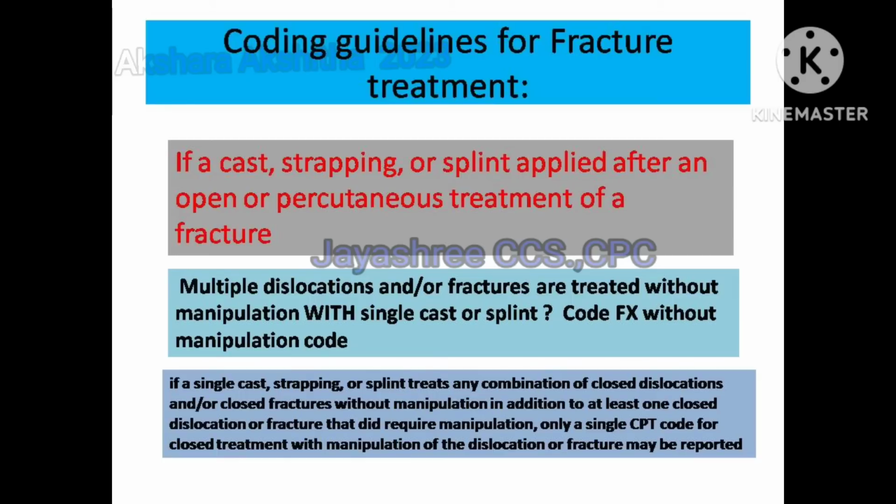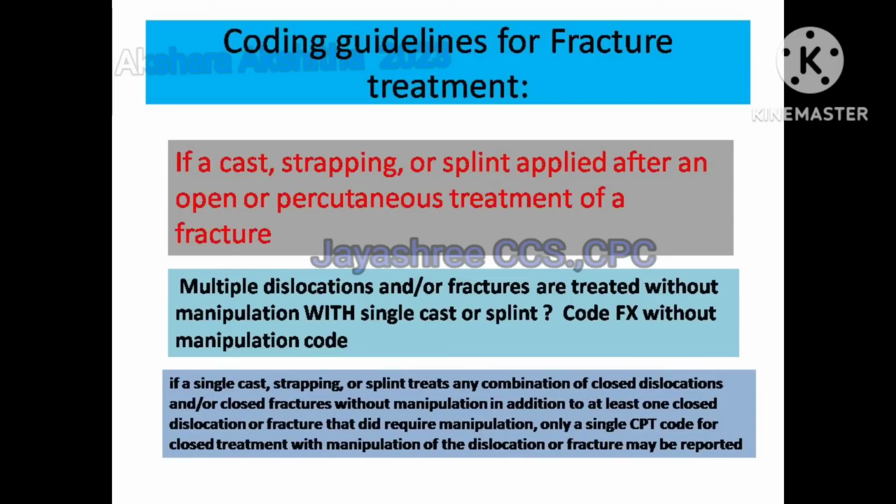These policies also apply to closed treatment of multiple fractures not requiring application of a cast or splint. Thus, if multiple closed fractures occur in an area that would have been treated with a single cast, only one CPT code for closed fracture treatment without manipulation may be reported.